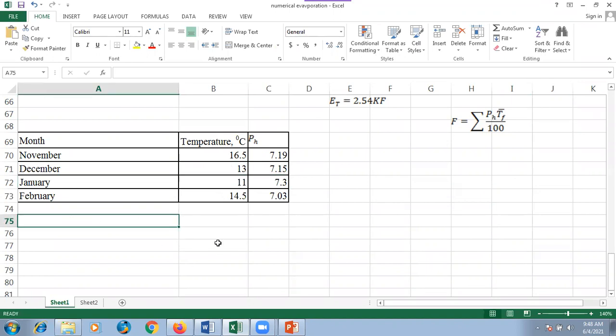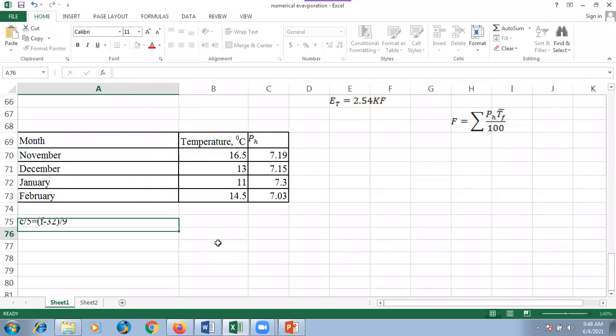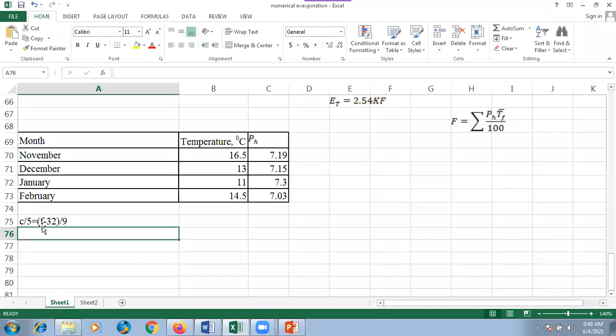Please remember the relationship between degree centigrade and Fahrenheit: C by 5 is equal to (F minus 32) divided by 9. Here C stands for degree Celsius and F stands for degree Fahrenheit. So you have to convert the given temperature into Fahrenheit.